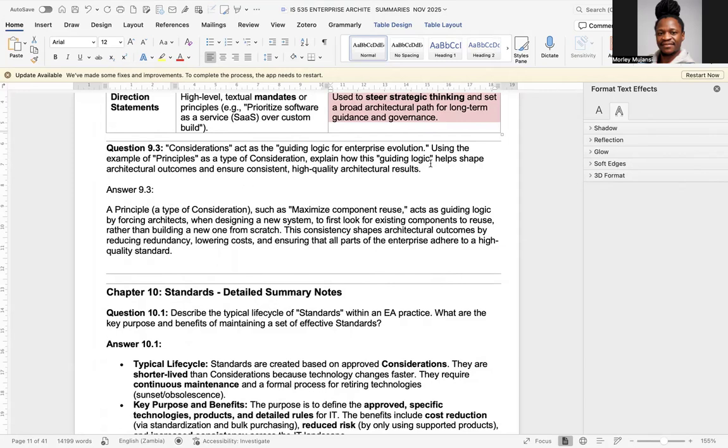Okay, so we're being asked to look at the considerations as a guiding logic for how the enterprise will evolve over time. And then we need to explain how this helps shape architectural outcomes and ensure consistent high quality architectural results.